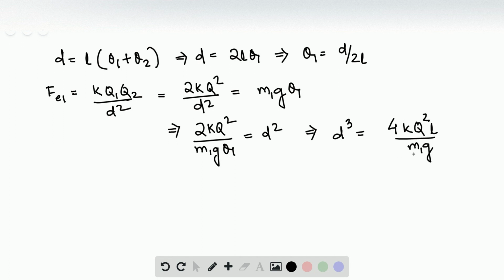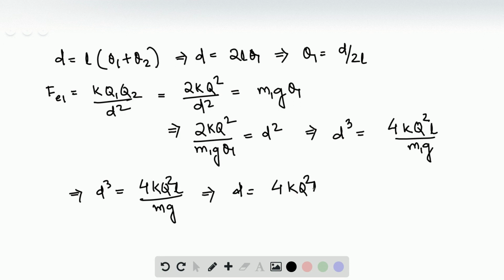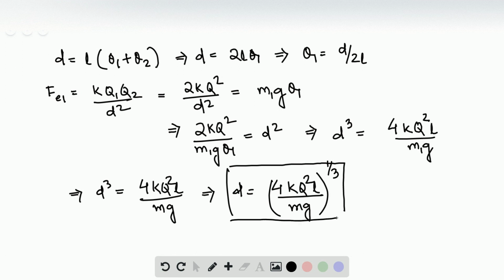And m1 here is equal to m2 and is equal to m. So d cube is equal to 4kQ square L over mg. And hence d will be equal to 4kQ square L over mg cube root. So this is the distance between the two spheres 1 and 2.